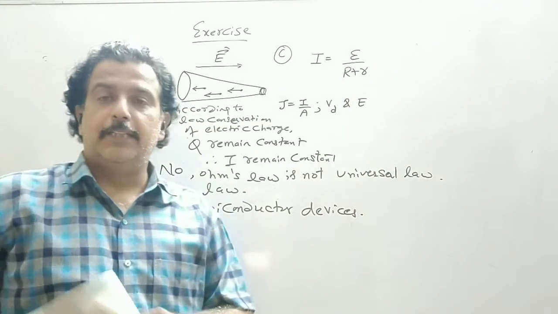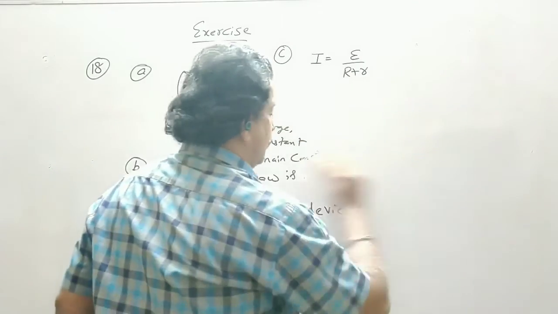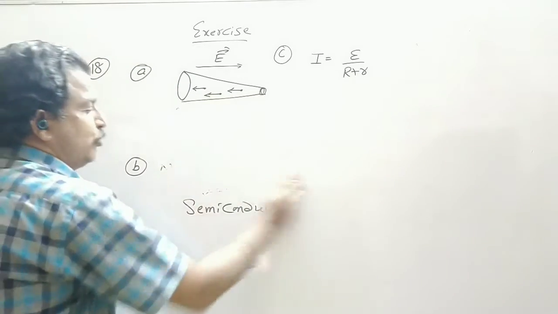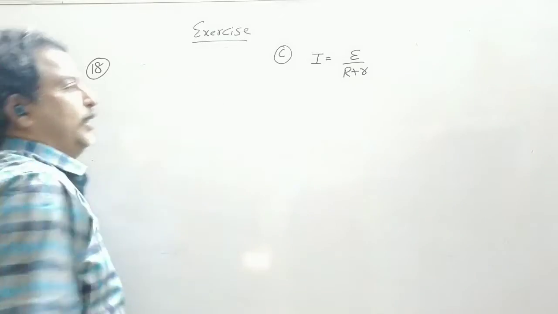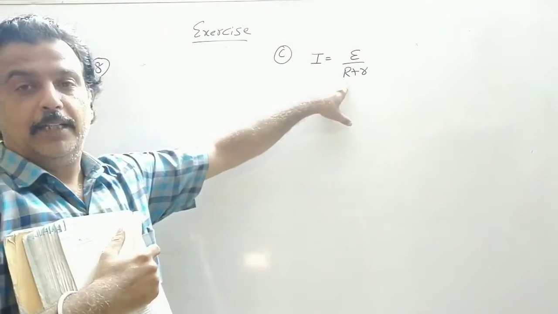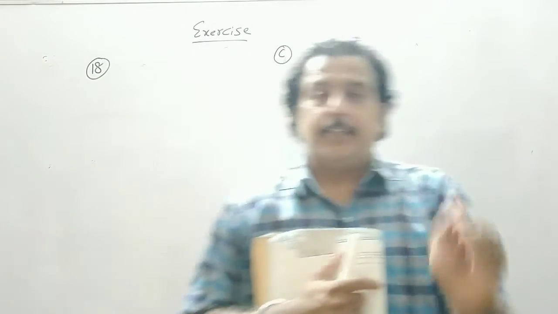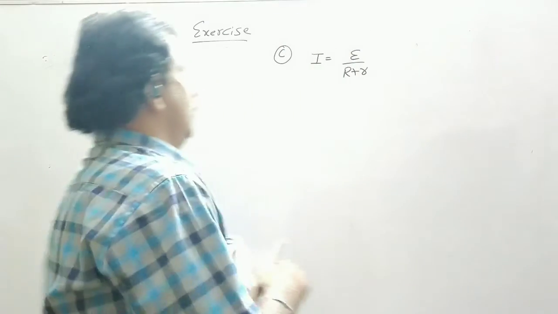And we know that it is necessary to connect an external resistance to prevent damage to the device or to control the current in the circuit. Otherwise, we have seen many examples where if external resistance is not there, the current becomes dangerously high.